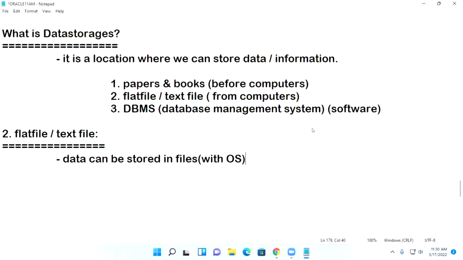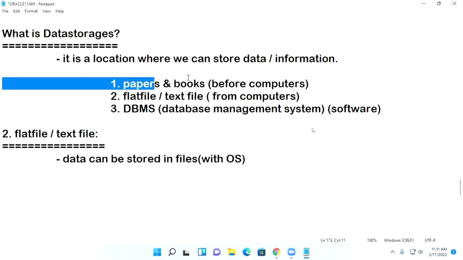Now, what are the advantages of flat files? One thing, it's a computerized application. It's not a manual system. Since it's computerized, we need less manpower, so the expenditure is also less when you compare with books and papers, which is the method people used before flat files.